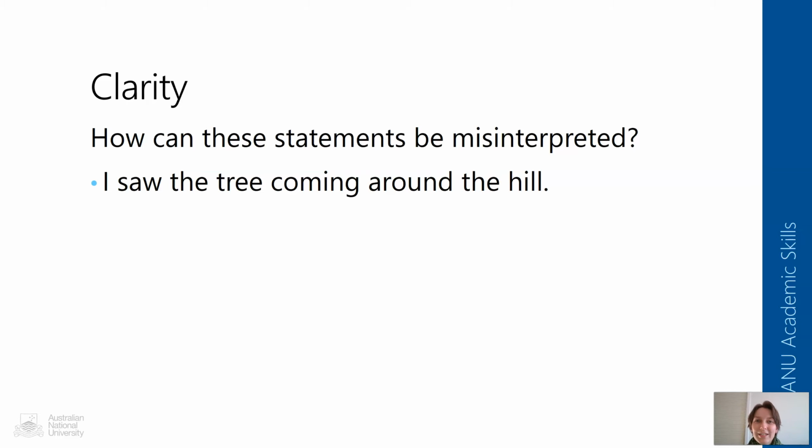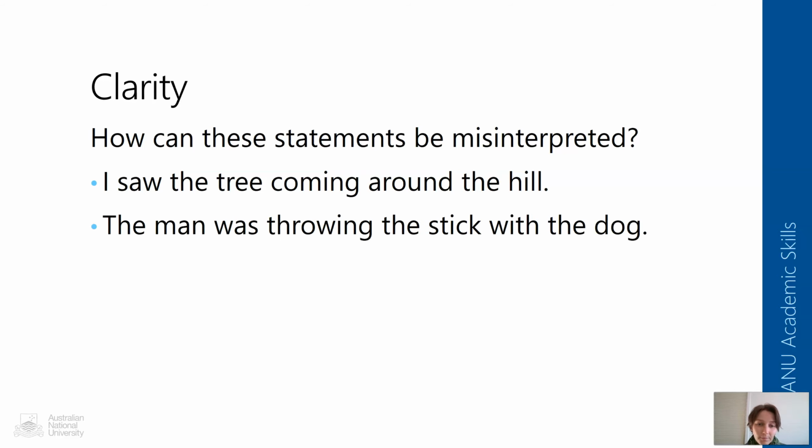But it could potentially be misinterpreted as the tree was walking around the hill, and the tree was coming around the hill towards them, which, while it might be unusual, it still can be misinterpreted in that way. And your aim with academic writing is to make sure that the complex ideas that you're explaining cannot be misinterpreted. This is a simple example, but it shows that the more complex your ideas get, the easier it is to misinterpret them. So you want to be careful about that.